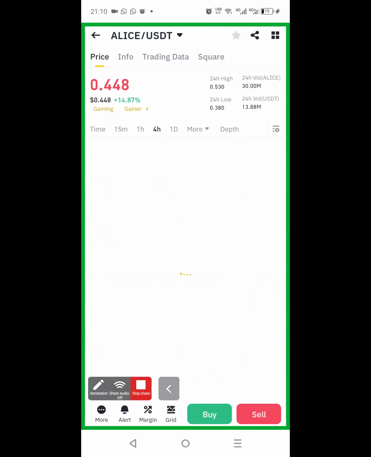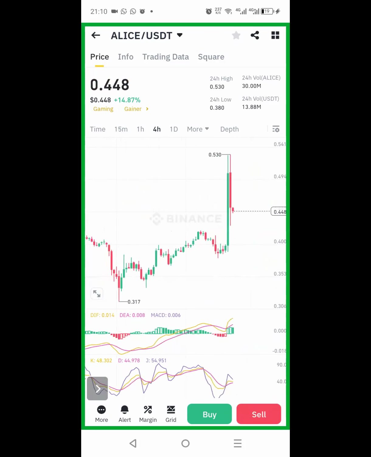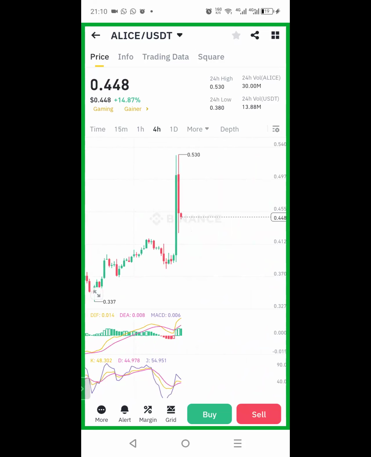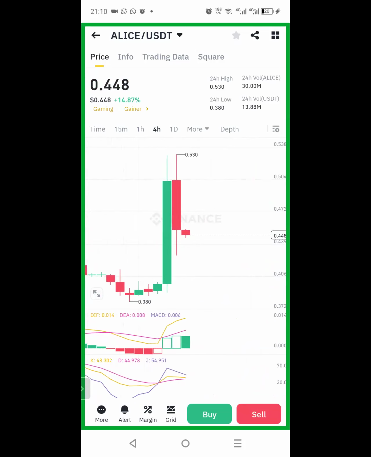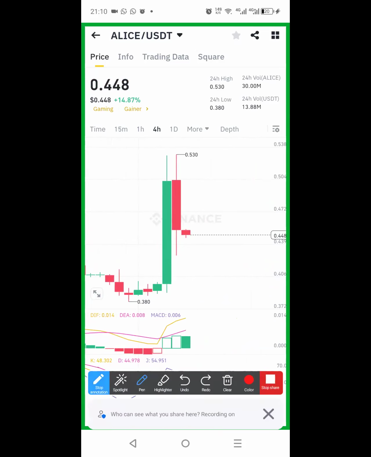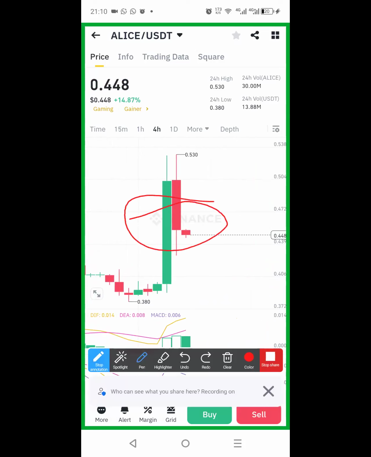If we now put this particular coin on a 4 hour time frame, look at these last 3 candles here. They indicate that this coin has already moved up and is coming down already.